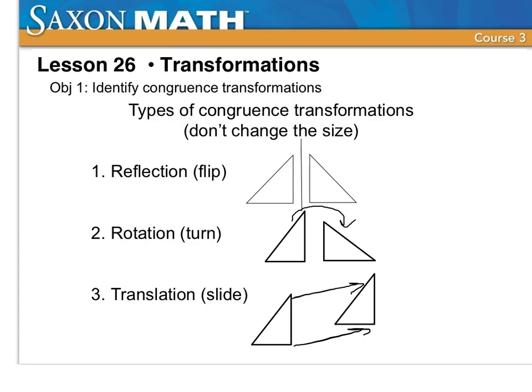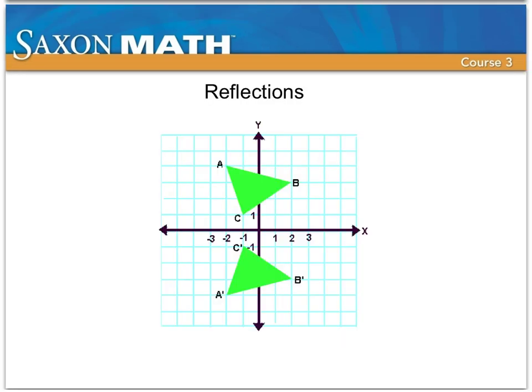Now let's see how they're used. Okay, let's look at reflections more in depth. Okay, so a reflection, again, is just a mirror image. Okay, it's taking a shape and flipping it over a line. Well, we should be able to tell here that we flipped this over this line right here, the x-axis.